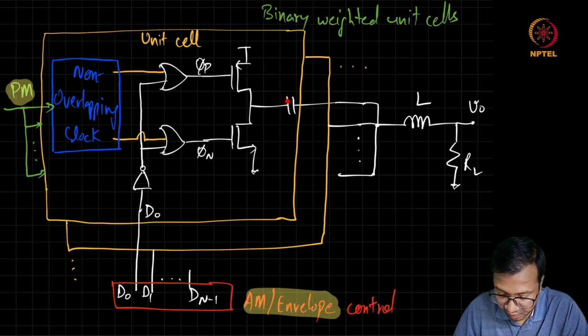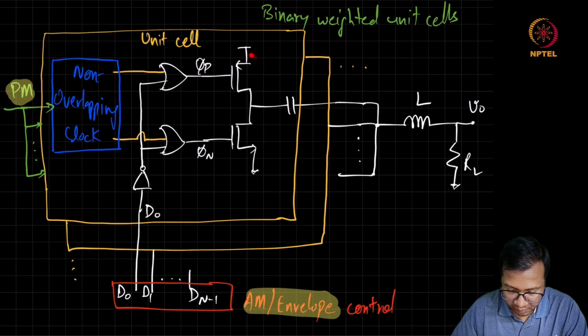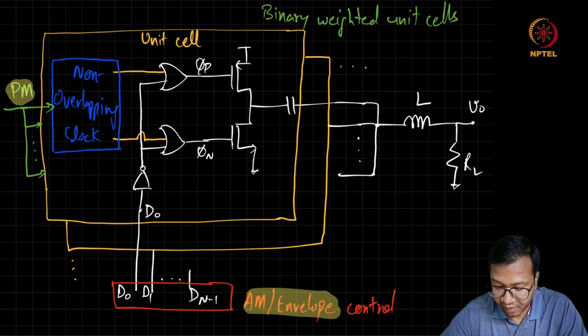And the capacitors that we are using here are also very easily available in a CMOS process. So depending on how we design this switching circuitry, the overall efficiency of the switched cap PA gets decided.